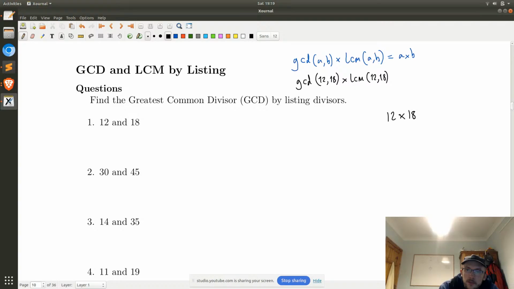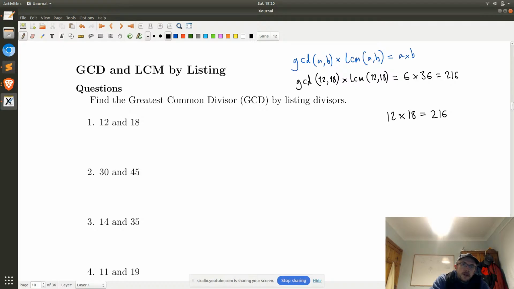Now we already know that 12 times 18 is 144 plus 72, so 216. What's the greatest common divisor of 12 and 18? The answer is 6. And what's the lowest common multiple of 12 and 18? The answer is 36. And indeed, 6 times 36 is 216.